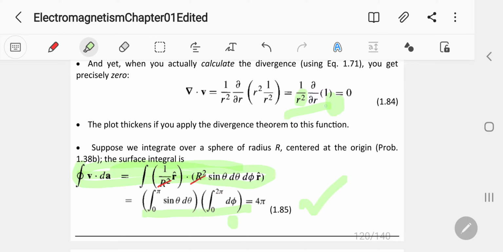What makes this 0 is because at infinity, but what makes this ambiguous is the r squared.